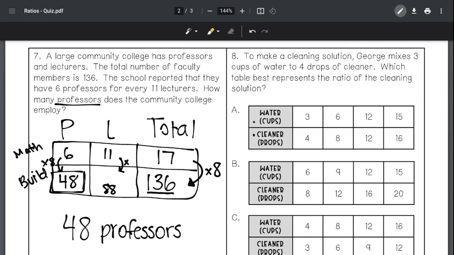So, if we're putting in 3 cups of water and 4 drops of cleaner, I need to be going up by 3s, and I need to be going up by 4s. So, 3 to 6, that's plus 3. Is 6 plus 3 12? Nope. That pattern went bad, so A is out.